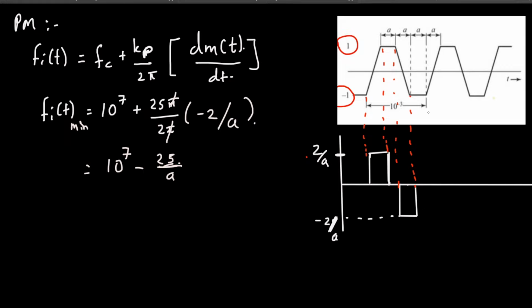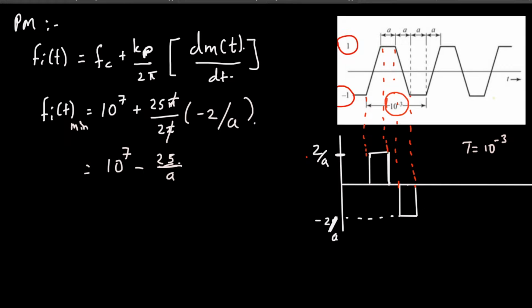Another thing we can consider: currently a is just a constant, we don't know anything about it. But if you look at this given diagram, we have 10 to the power of minus 3. That is the period, so T is 10 to the power of minus 3, and a period contains 4 a's.